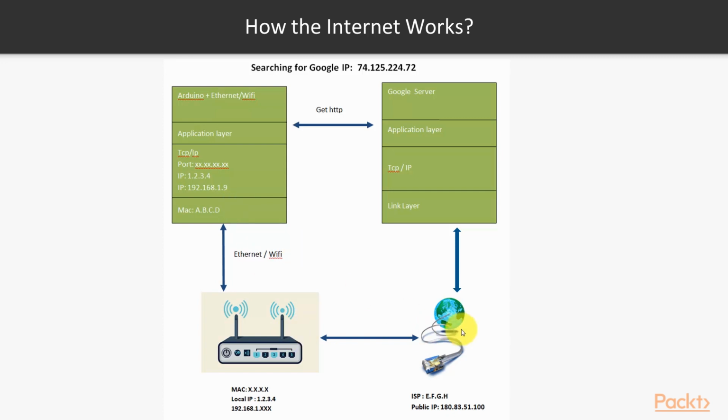Your ISP provider, which is basically your internet provider, provides a cable, and you hook that cable into your router. That's exactly what this cable is. This ISP provider gives you a tracking number, which is a public IP.